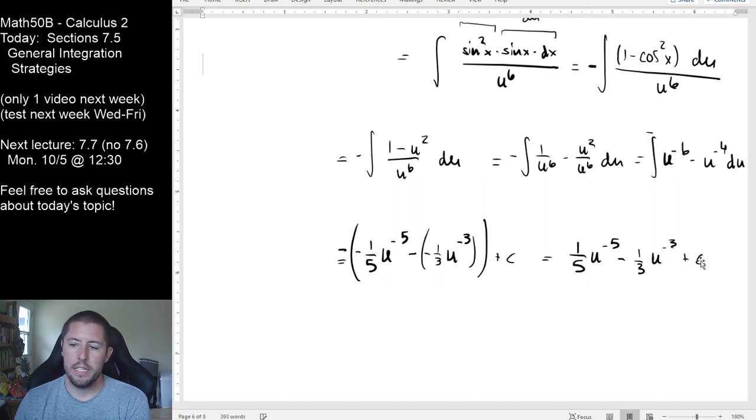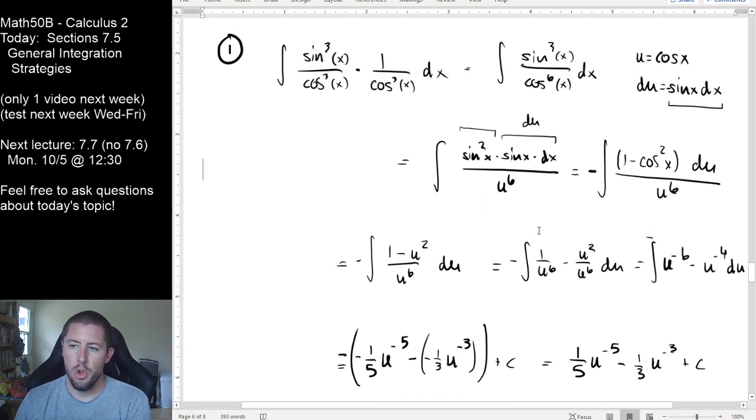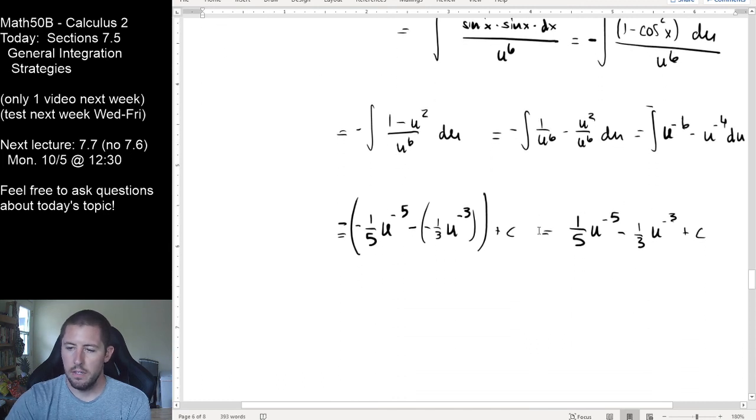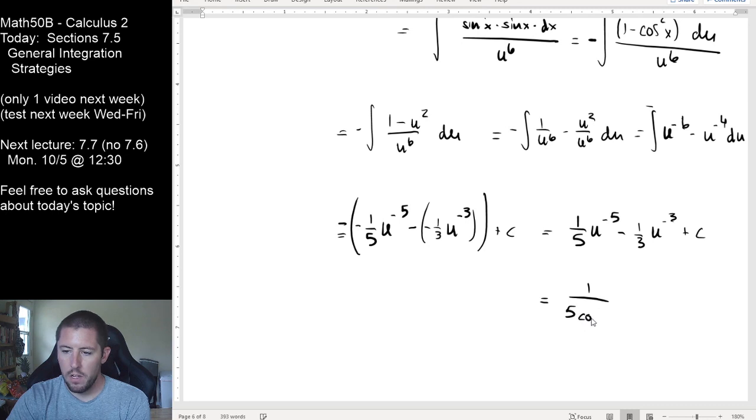And all I've got to do is restate this in terms of x, and we're good. u was cosine of x. So I think I can now write this as 1 over 5 cosine to the 5th of x minus 1 over 3 cosine cubed of x, all plus c.